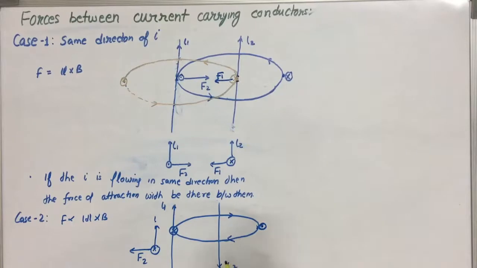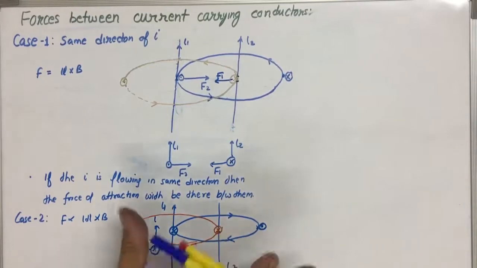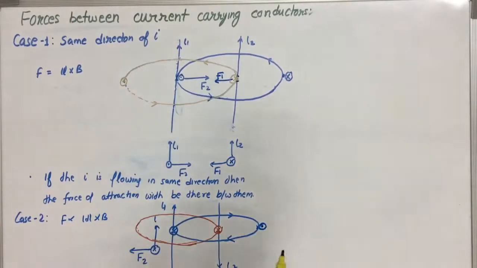Similarly, consider the field due to this element here, that will be similar to this, there is no change. So here the field will be downward. It will be anti-clockwise. Here the field will be upward.